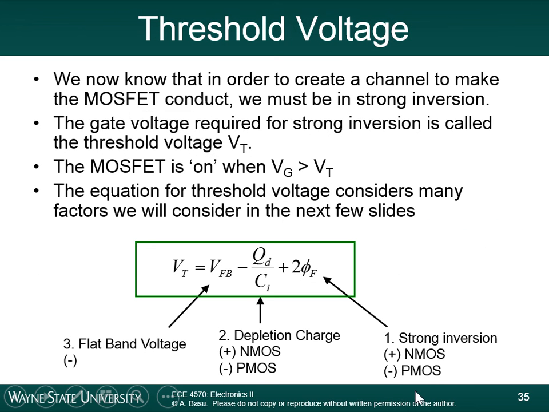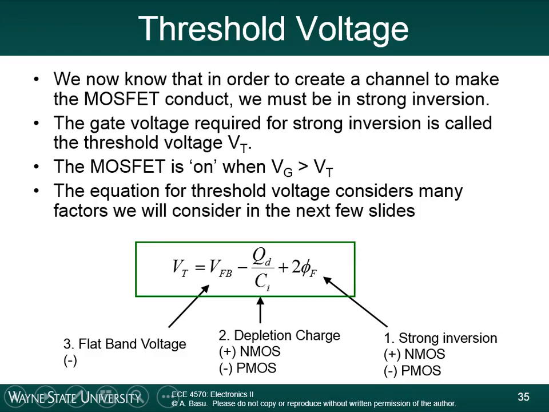The first term here is the strong inversion requirement, and that requires you to know the substrate doping. The next term here, to calculate the depletion charge, you have to first calculate the width of the depletion region, and then you also have to know the doping.